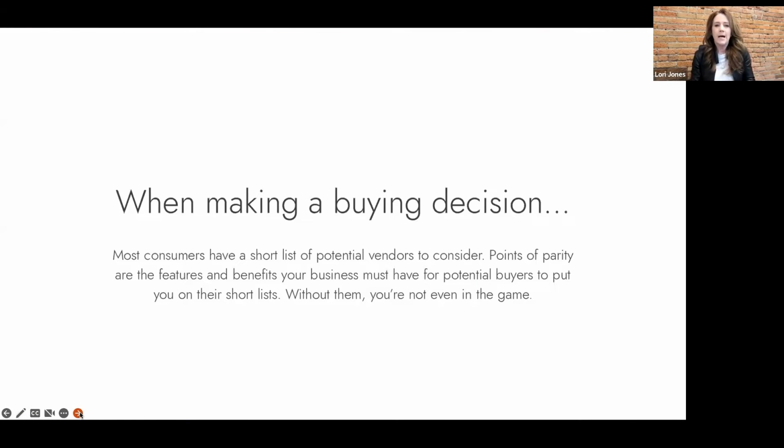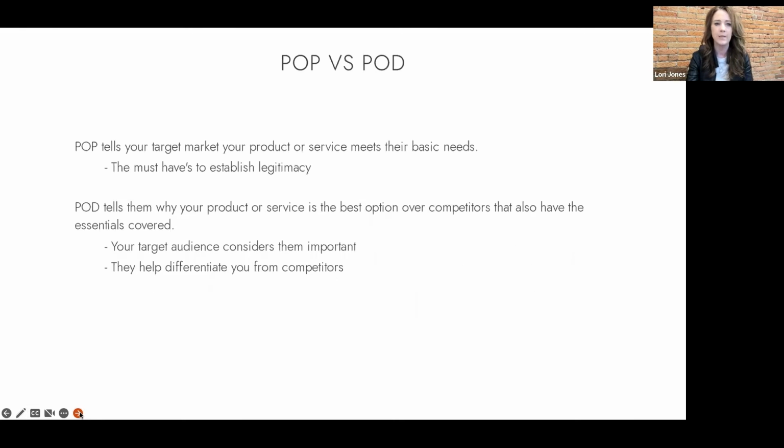So when making a buying decision, most consumers have that short list of vendors that they're going to consider with those features and the benefits that we've just illustrated. But without them, you're not even a part of that game plan, as I noted earlier. So this is a very, very important point when you are deciding which POP and POD you want to be able to hang your hat on.